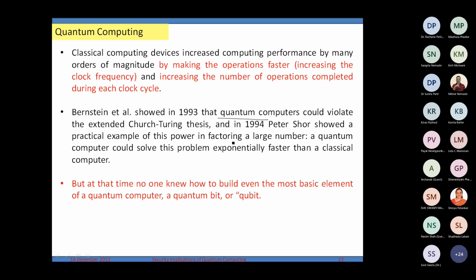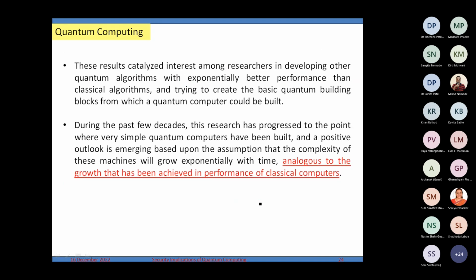There were no physically feasible quantum computers because nobody knew how to build the fundamental unit of a quantum computer, which is the qubit. Subsequently, many developments happened in building qubits, the basis for quantum computers. Of course, we have not reached maturity, but we are able to play with a small number of quantum bits.